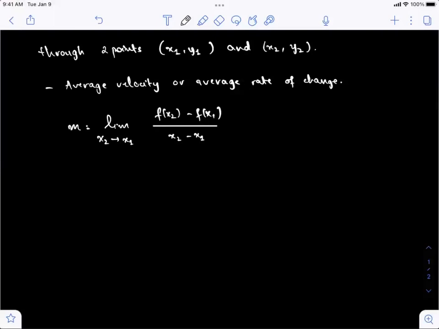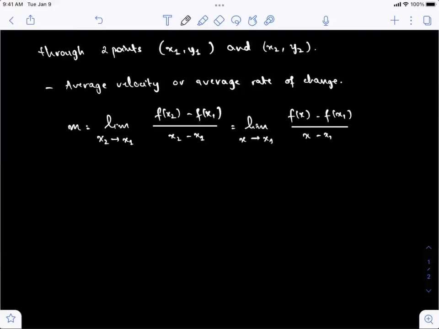And we want to put this formula in a more general form. To do that, we replace x2 by a variable x, so the formula becomes the limit as x approaches x1 of f of x minus f of x1 divided by x minus x1.